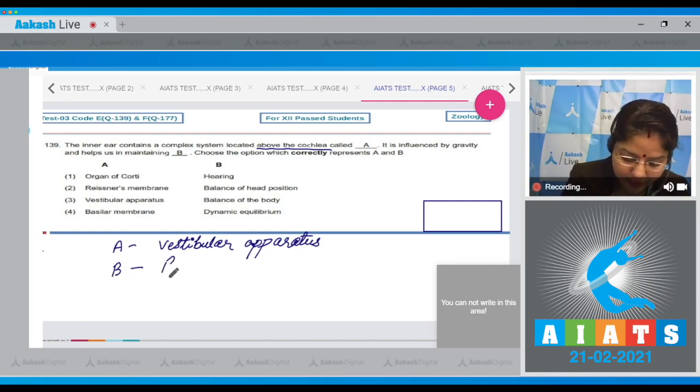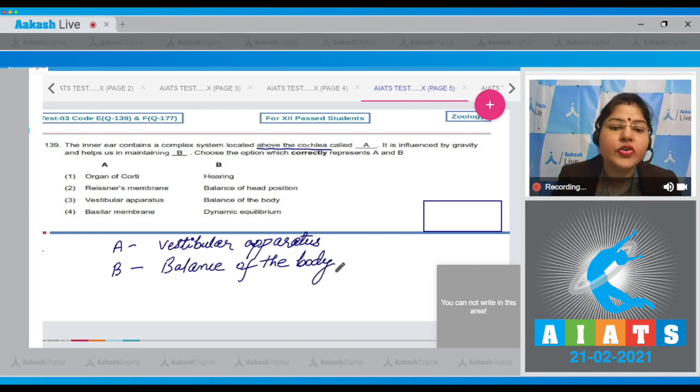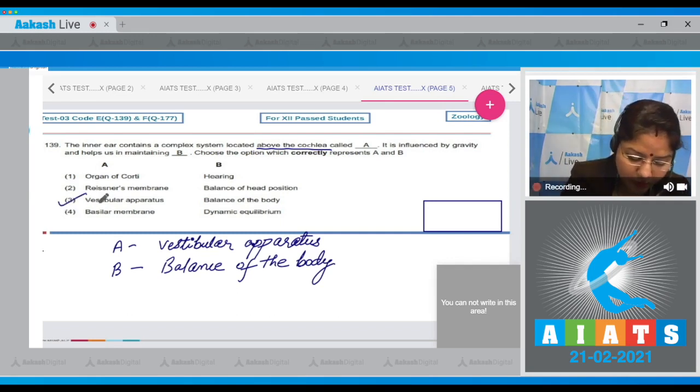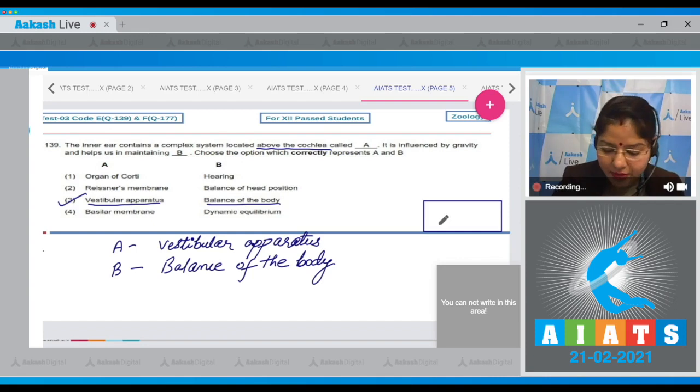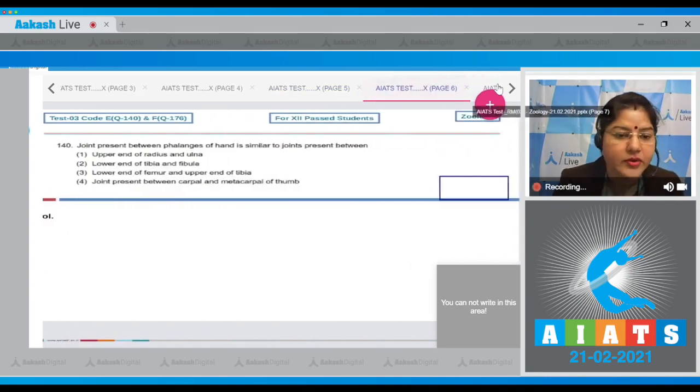So B is balance of the body. Choose the option which correctly represents A and B. The correct option is option number 3, A, vestibular apparatus, and B, balance of the body. So the correct answer to this question is option number 3. Let's move on to the next question.